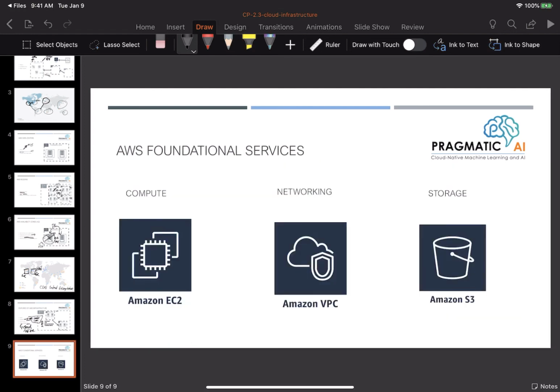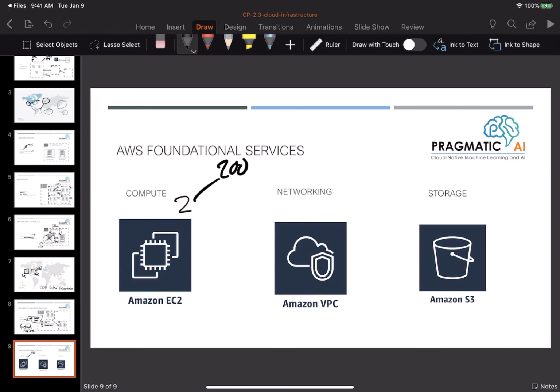And so what are these core services on AWS? The core services for AWS include these foundational services, and they're compute, networking, and storage. And what these do is they allow you to scale up demand in seconds and allow you to pay as you go. And this can mean that you start off with 2 instances here, and then you move up to 200 servers.